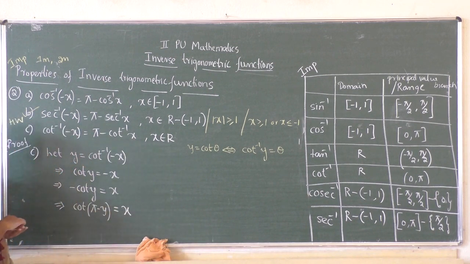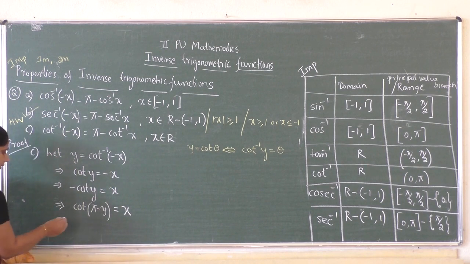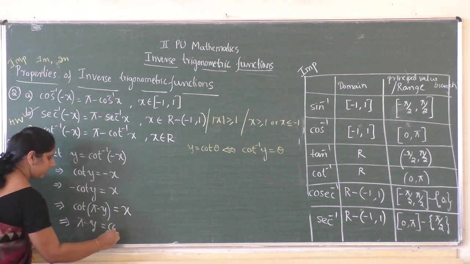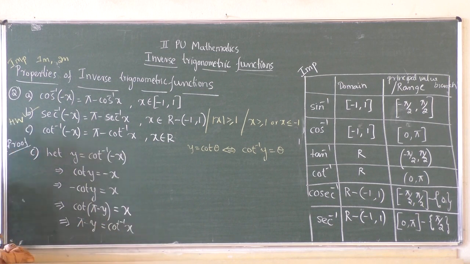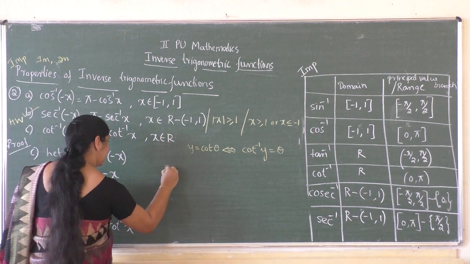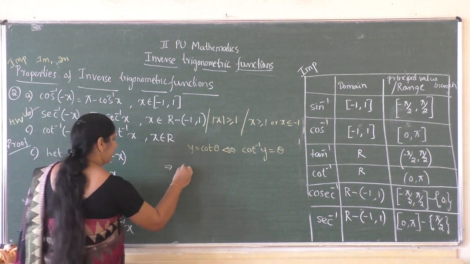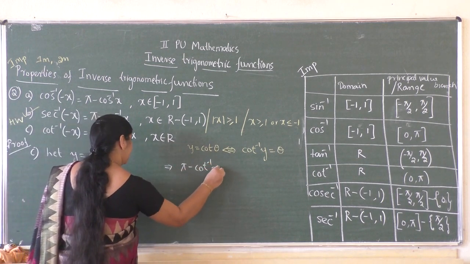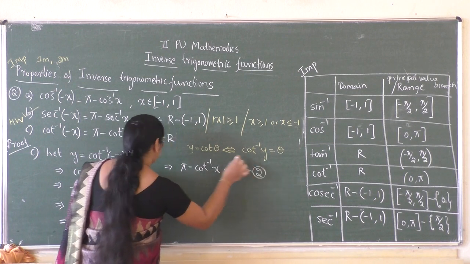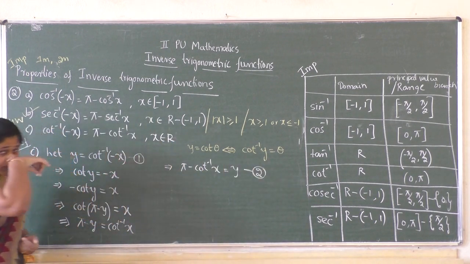It is again the property of cot of pi minus y. That implies pi minus y equal to cot inverse x. On rearranging, we get pi minus cot inverse x equal to y. Take this as equation 2 and the earlier one as equation 1.